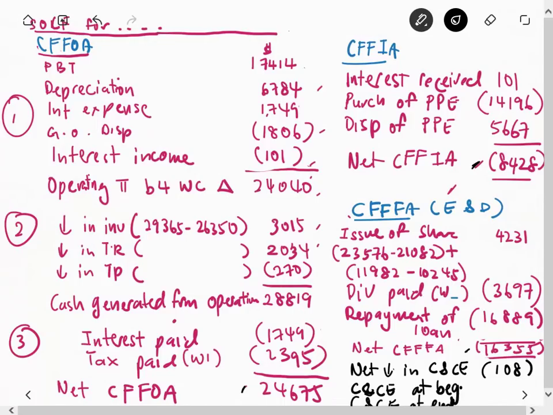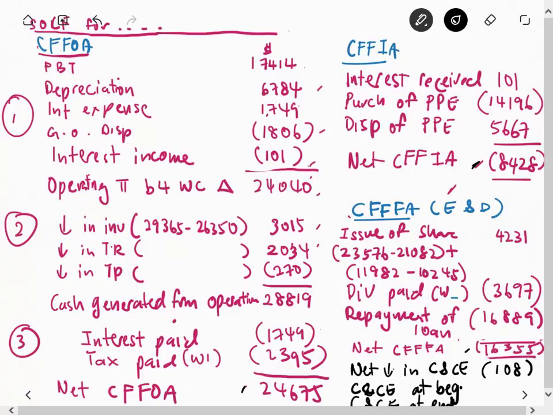So this year is a net decrease. $16,355. Cash and cash equivalent at beginning. Cash and cash equivalent at the end. So this one we need a working to get all these 3.